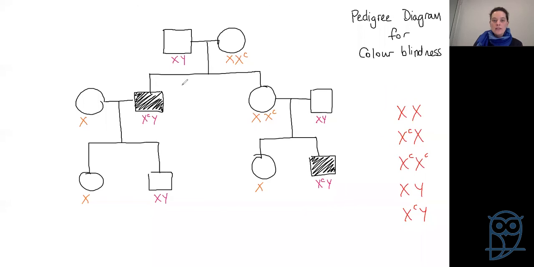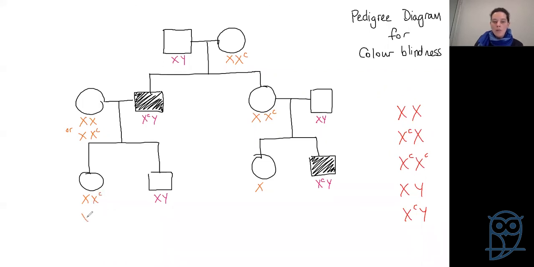So there's the X^C. This one here, we've got options again because this could be X from the father, X from the mother, or X from the father, X^C from the mother. So we don't know if this individual is a carrier or not. So if we work down here, we could have X from the mother and X^C from the father.